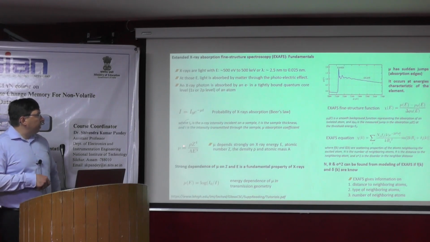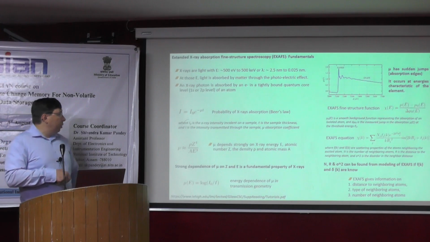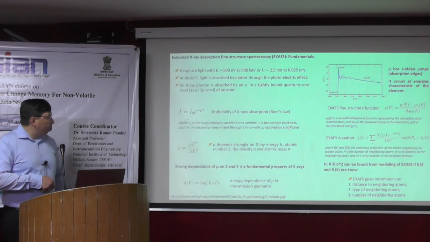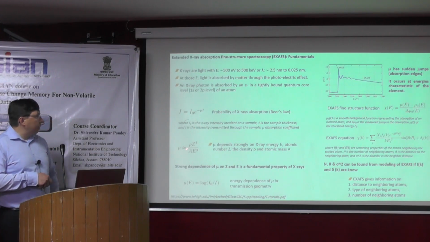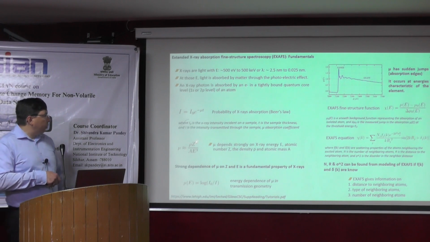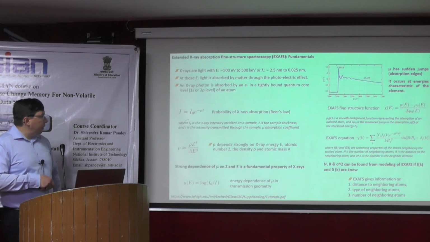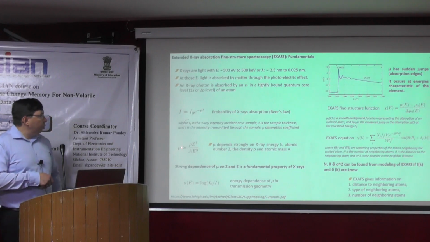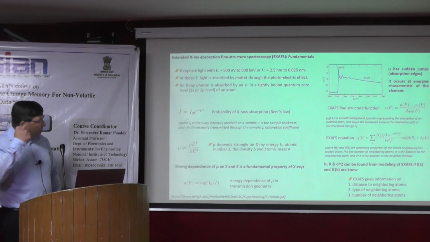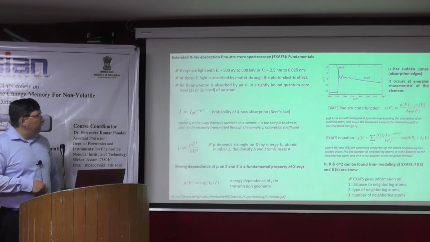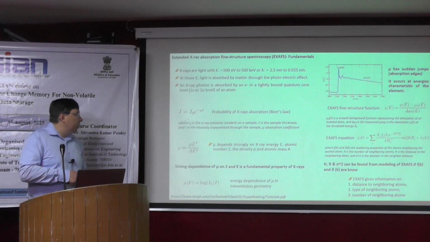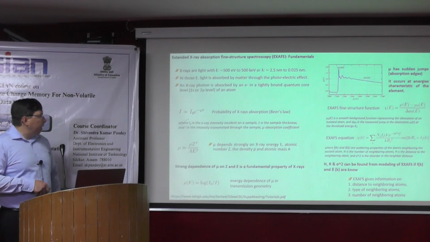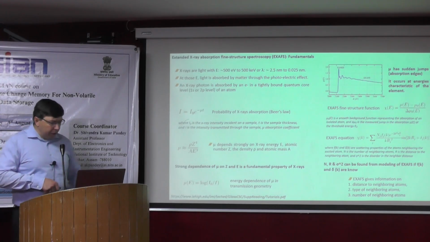And mu depends on the material properties, particularly it's proportional to rho Z^4 divided by A E^3. And so in this mu, rho is the density of your material, A is the atomic mass, Z is the atomic number, and E is the X-ray energy.